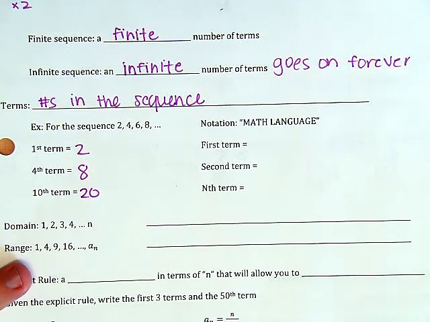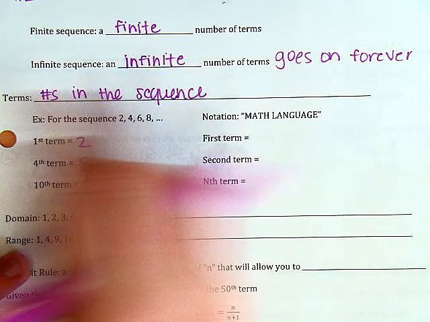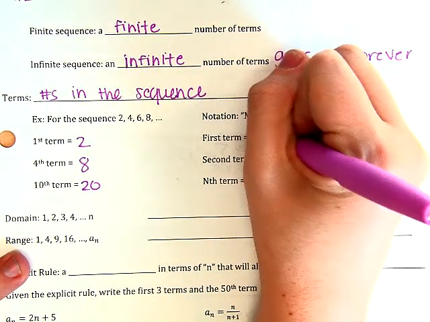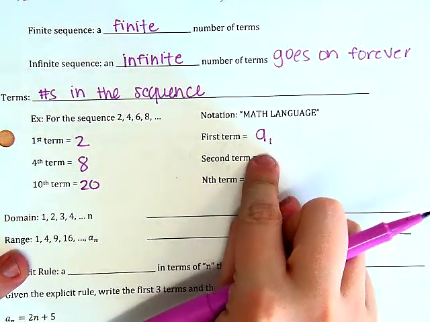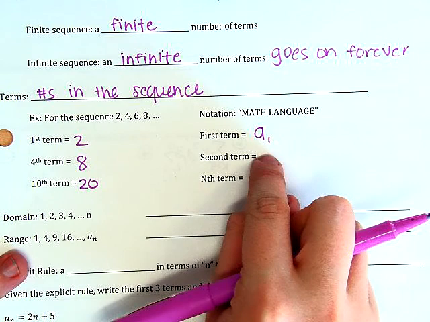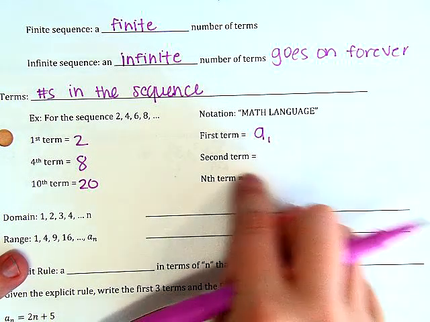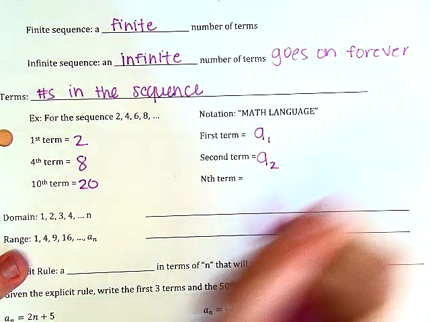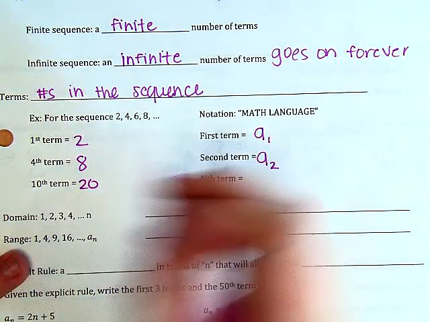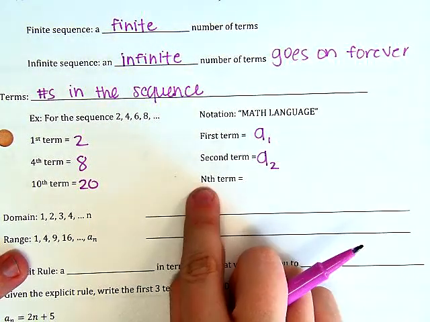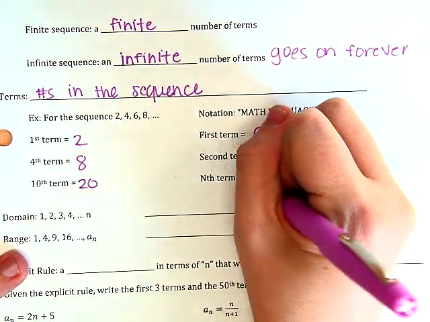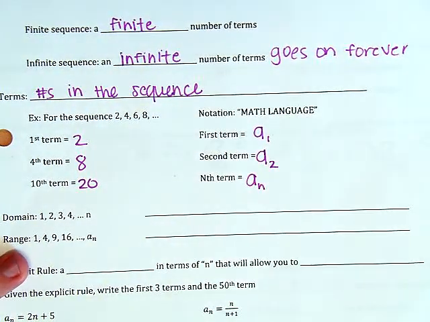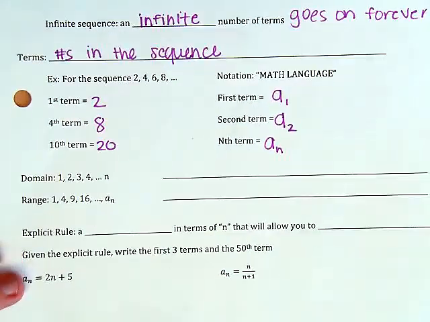Now we have some different notation for this. To talk about the first term, we talk about A1, A sub 1. That means my first term. For my second term, I'm talking A sub 2. For any other term, we do A sub n. That'll give me any other term.